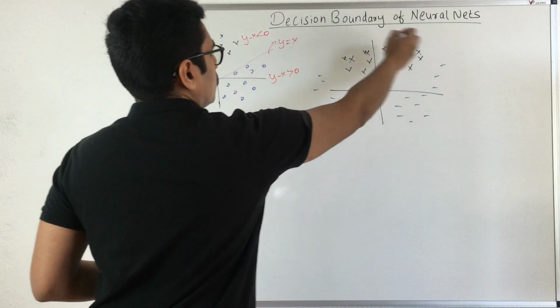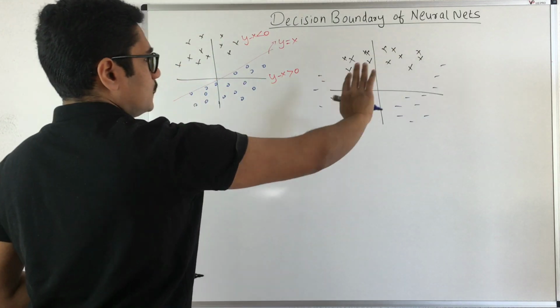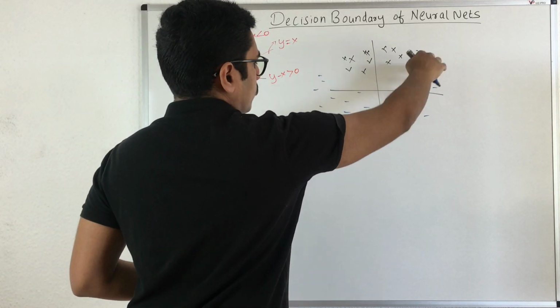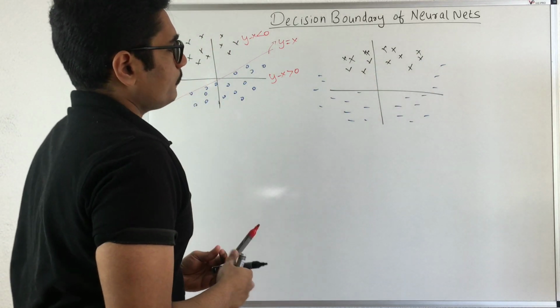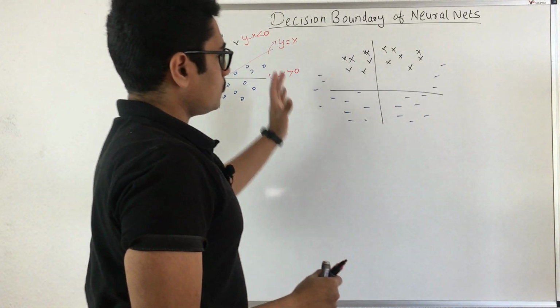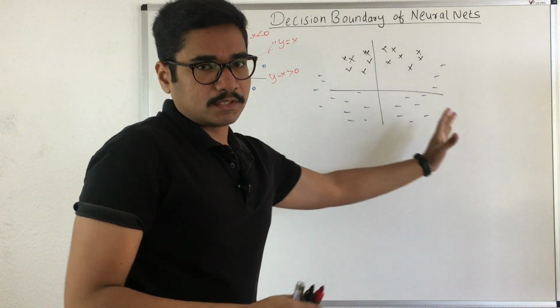Now this class is somewhat homoscedastic, meaning it is uniform, but the lower class, the blue one, is not uniform, but it follows some particular curvature.